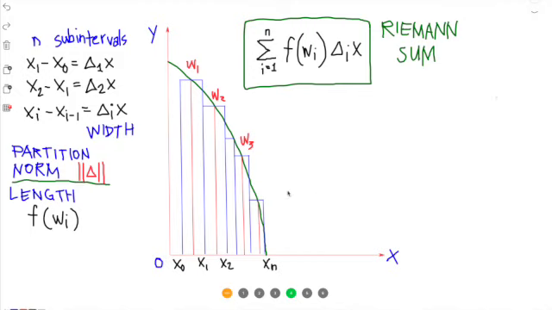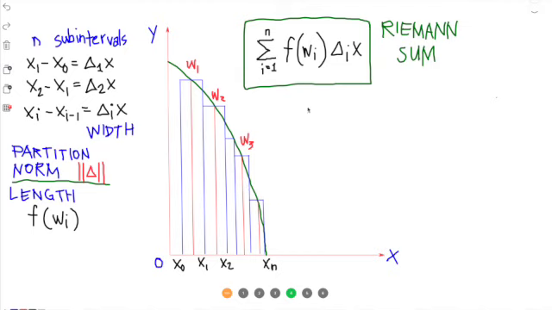And now let's recall the definition of our norm as the longest delta i x, or the interval with the longest difference of xi minus xi minus 1. Okay, so that is our norm. And what we want to know is what should be the area bounded by this curve. But as you can see, we have protrusions here.